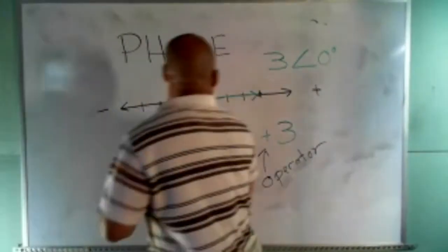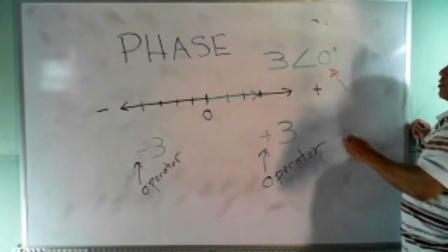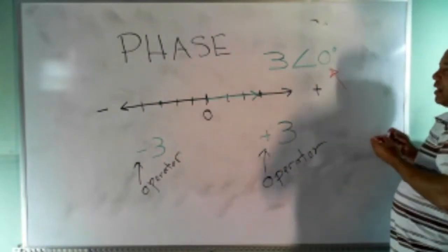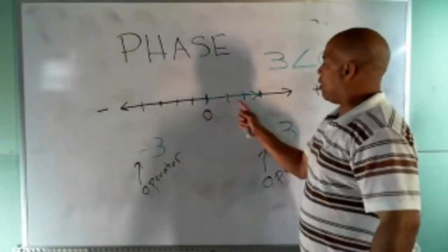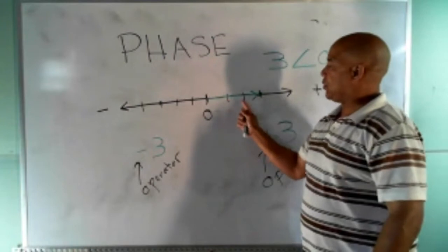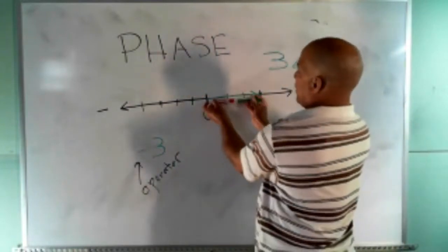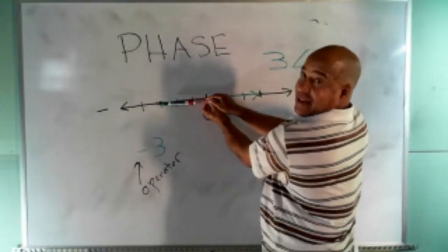Phase is an angle associated with a quantity or magnitude. So the phase of this is 0. If I want to get to this other number, -3, I still go over 3 units, 1, 2, 3 to the right. But then I take that arrow, that's 3 units, and move it over like this, and now I'm pointing at the -3.